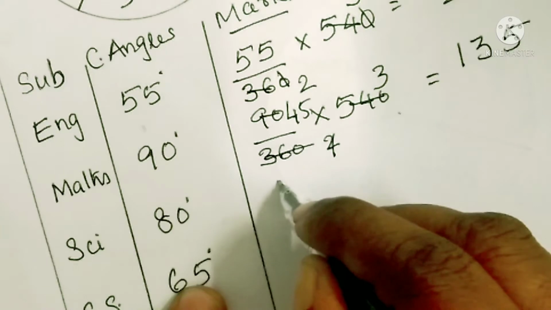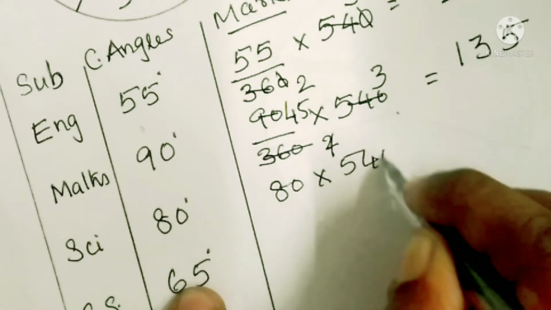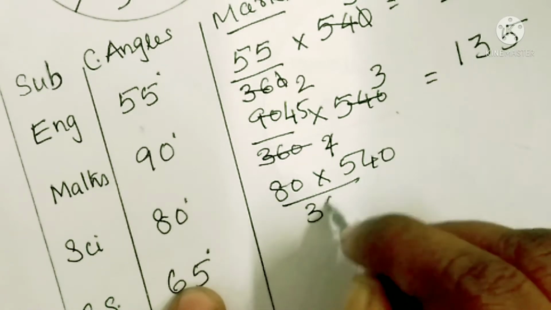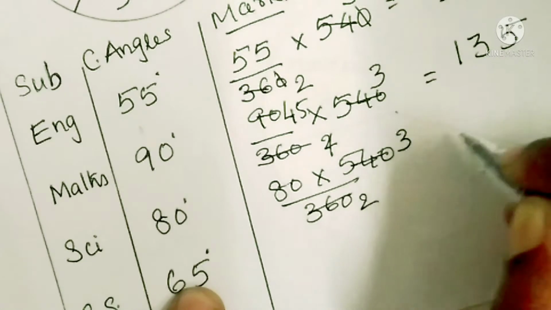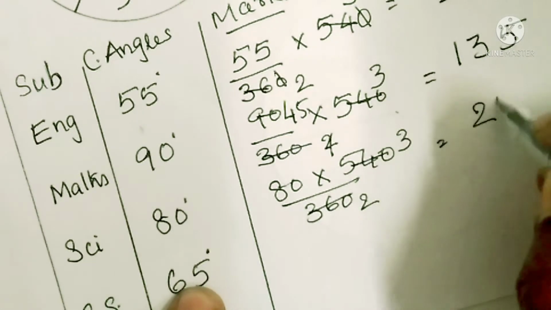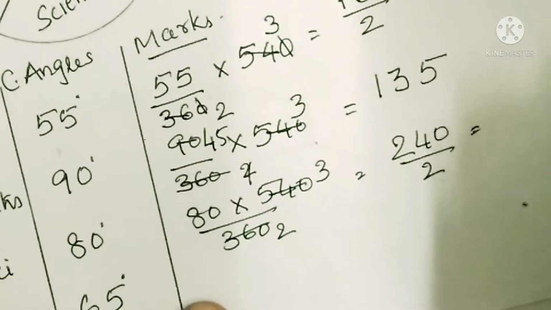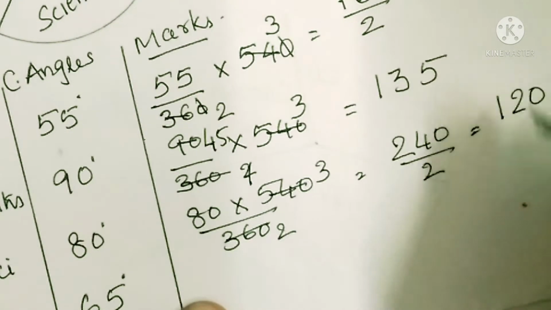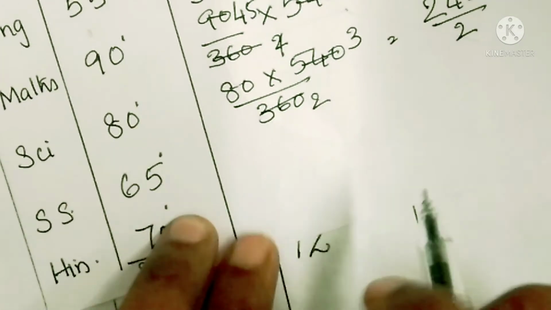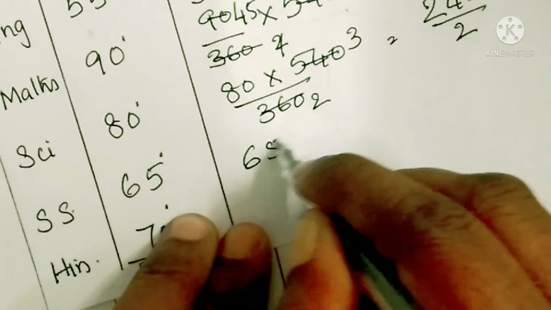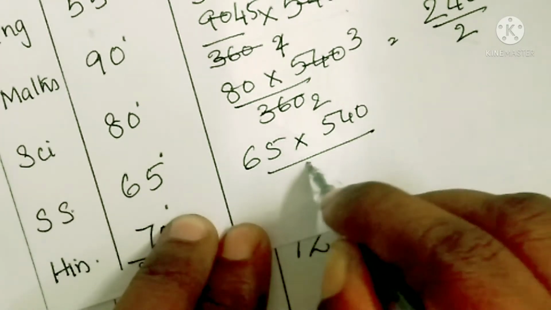And now in science, 80 into 540 upon 360. So when you divide, you get 3 upon 2, that is 240 upon 2, which is equal to 120. Now like this, let us find out for SS, that is 65 into 540 upon 360.